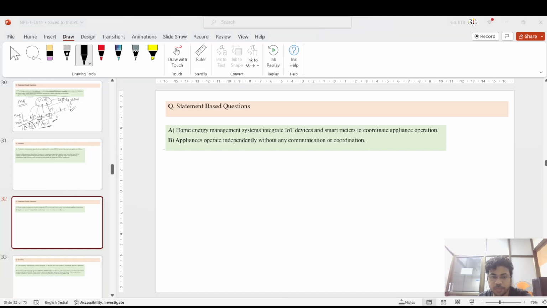So coming to the next question. The next question is related to the home energy management system, which was explained in the third or fourth tutorial session. Try this question.